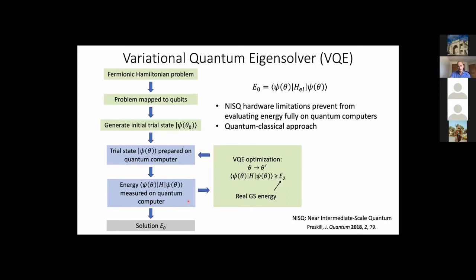In a self-consistent fashion, using a classical optimization loop, we find the minimum of the ground state energy, according to the variational principle. So this is a quantum-classical approach.